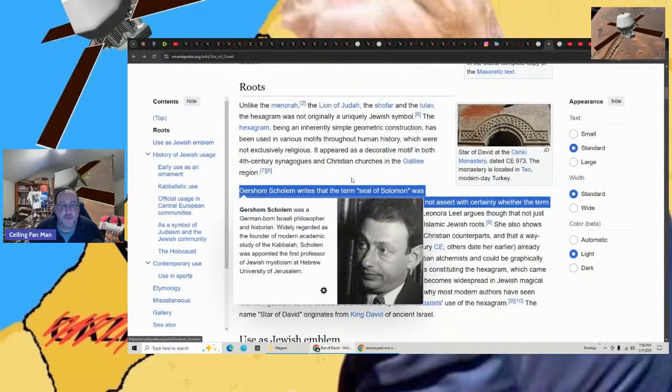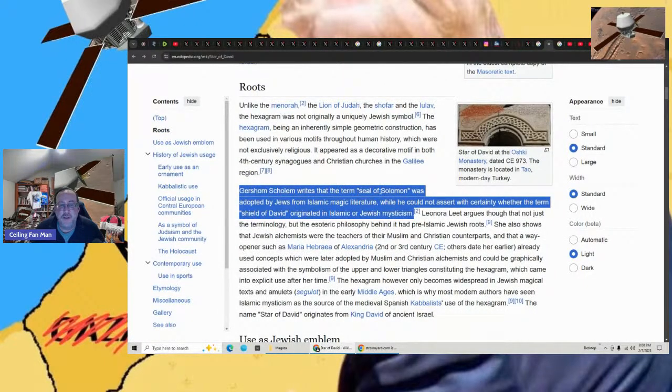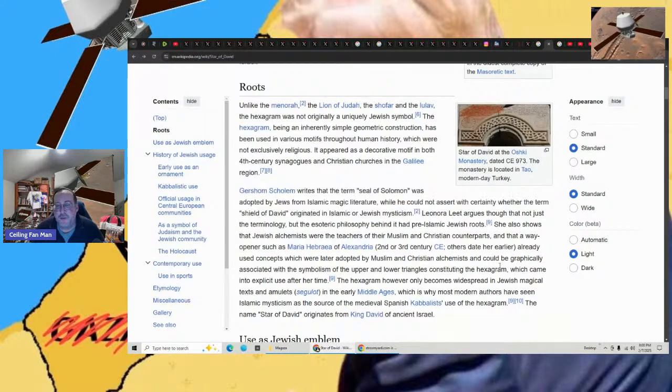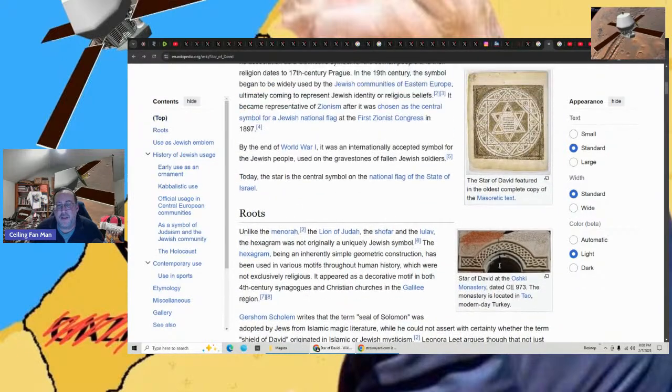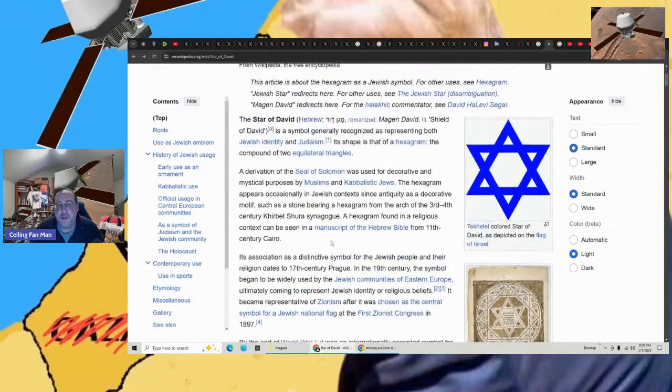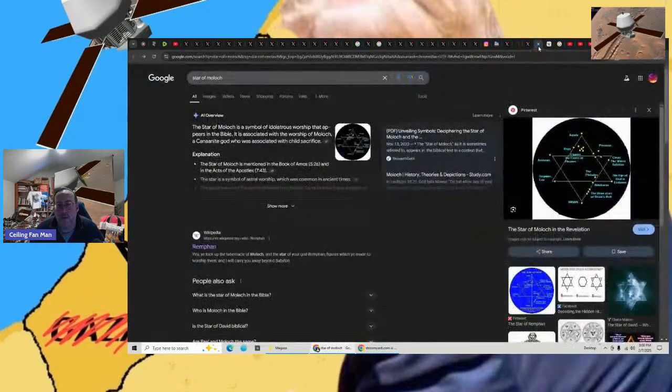Gershom Scholem writes the term Seal of Solomon was adopted by the Jews in the Islamic magic literature, while he could not attest to a certainty whether the term Shield of David originated in Islamic or Jewish mysticism. It has nothing to do with what they're telling us. That is the star of Remphan, Moloch, every day of the week.